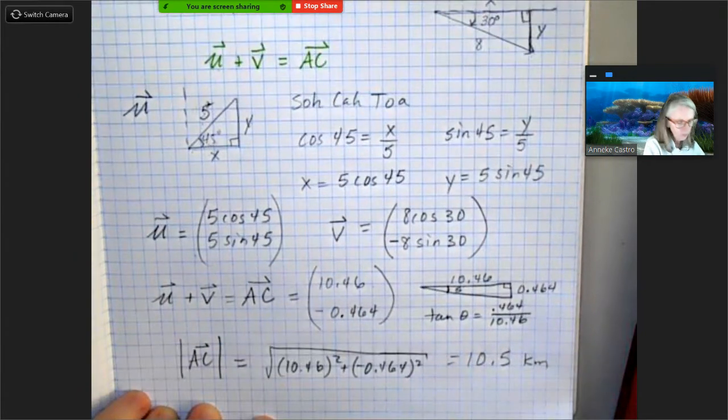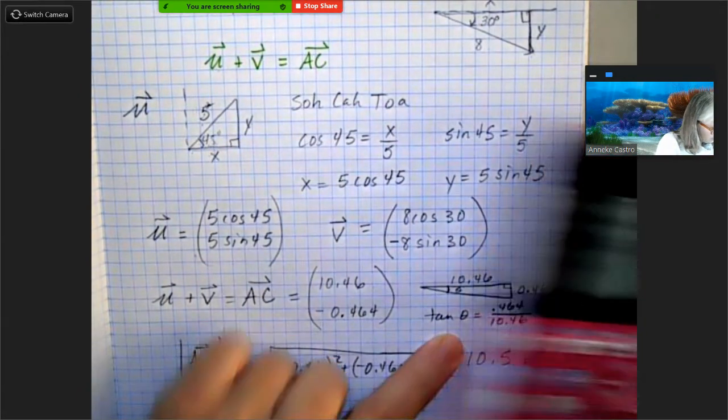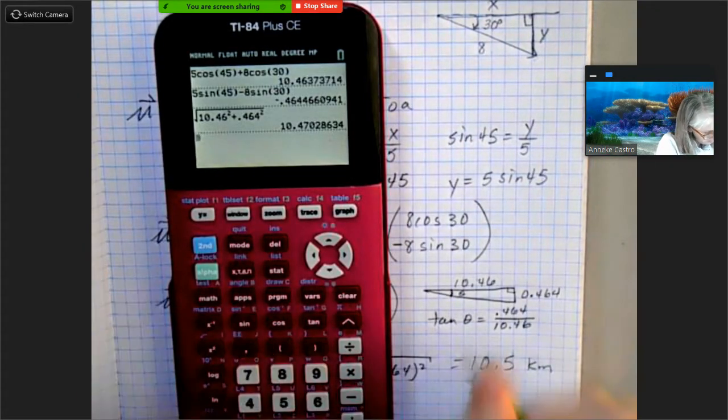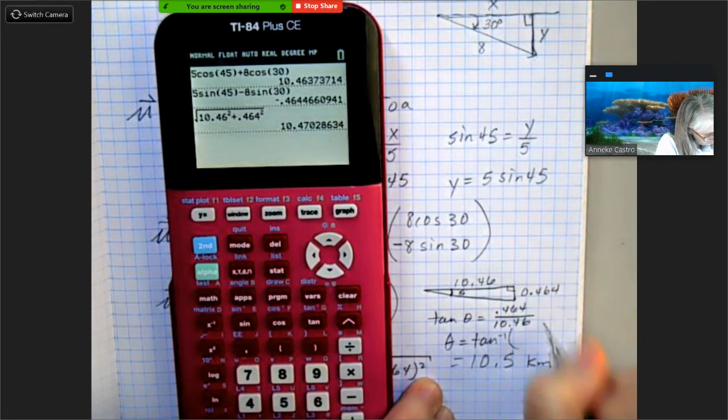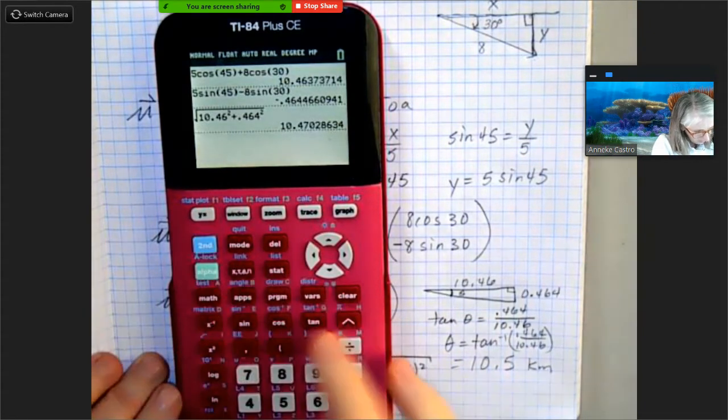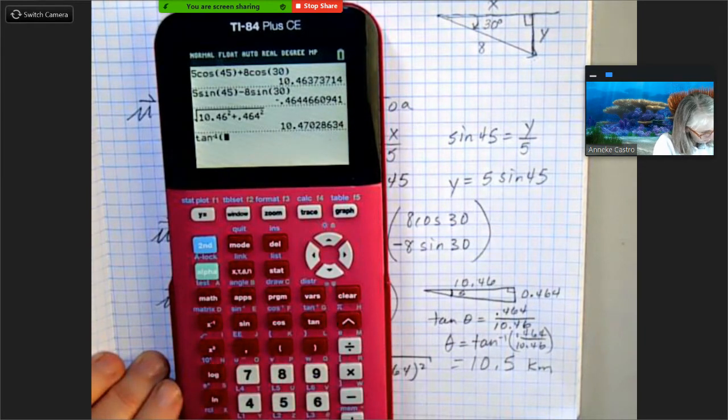I really should have used a bigger piece of paper for this. So I'm going to do inverse tan. So theta is going to be equal to tan to the negative 1 of this, 0.464 over 10.46. So inverse tan of, I have this in my calculator, right?